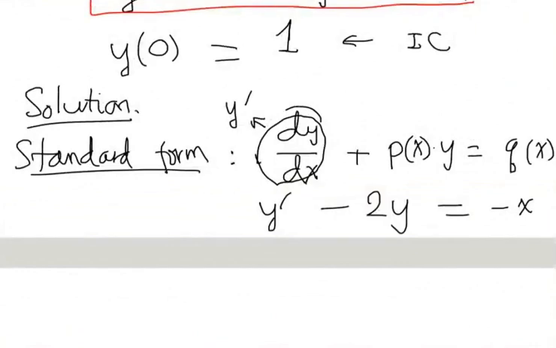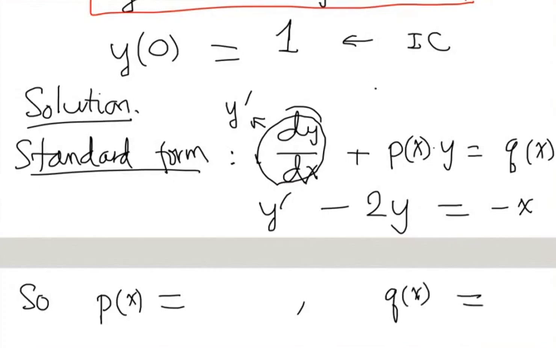So what do we identify here? p of x and q of x. You need to be careful with the minus sign. p of x should be the coefficient in front of y, so it includes the minus sign as well, if any.